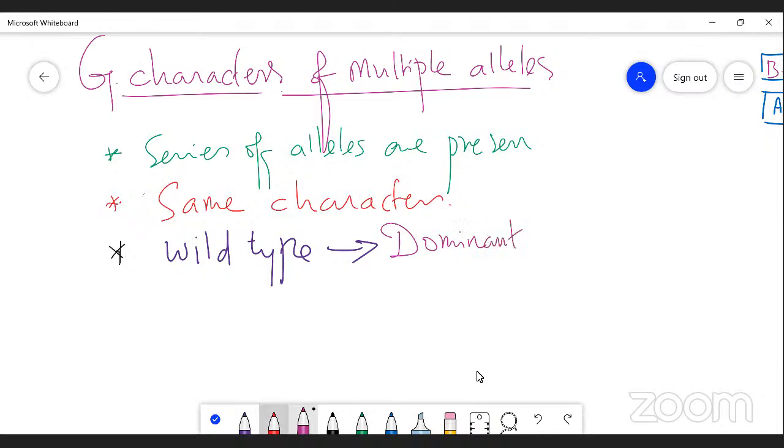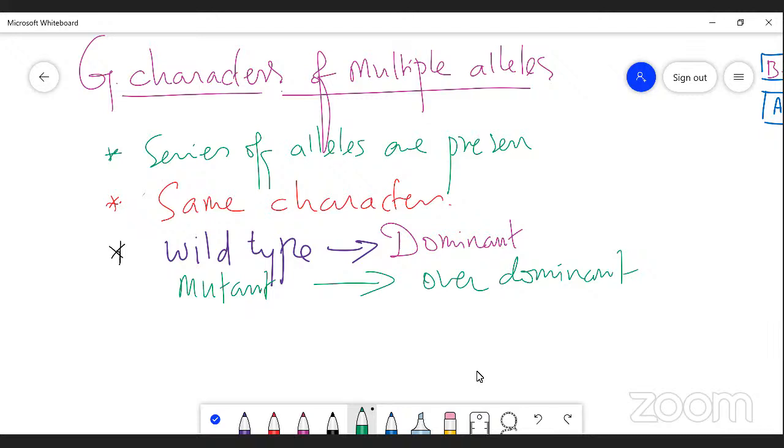There is also a mutant variety, which determines over-dominance, or sometimes acts as an intermediate. So the phenotypic ratio of wild type is over-dominated by the presence of the mutant variety.